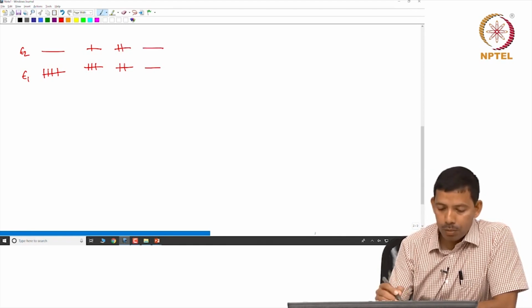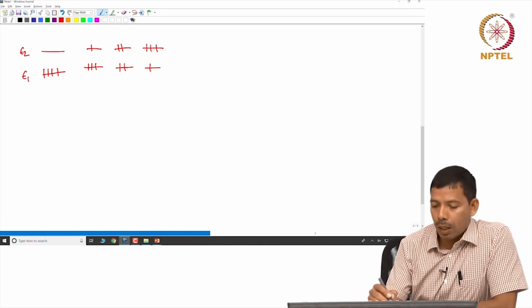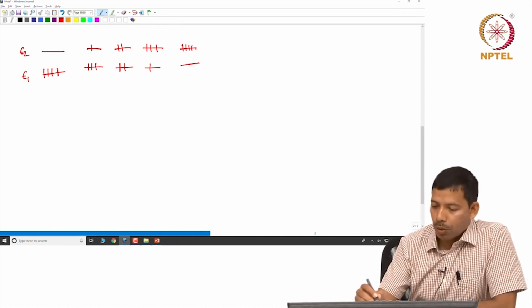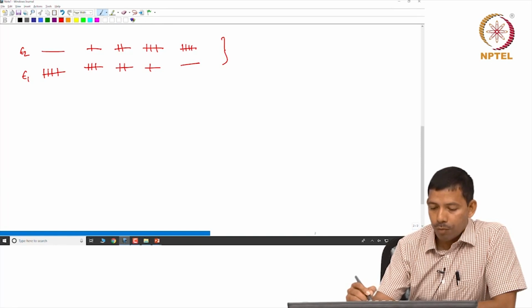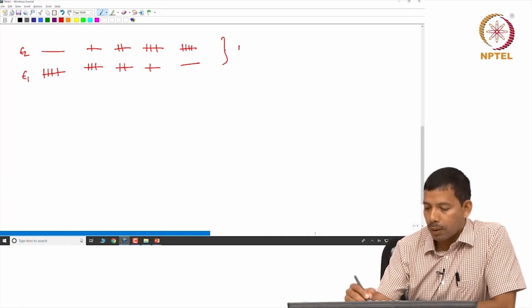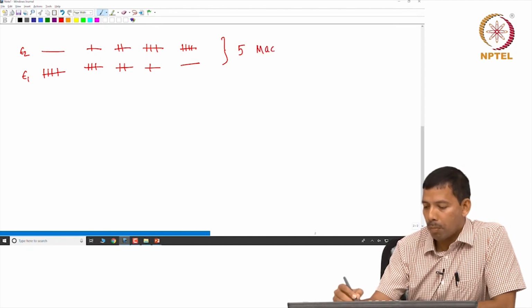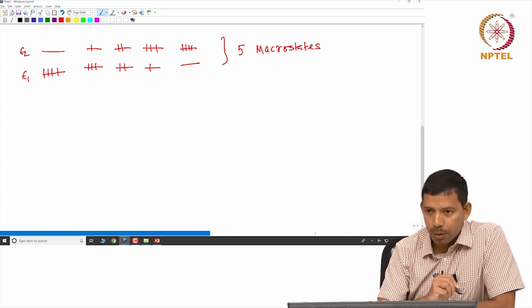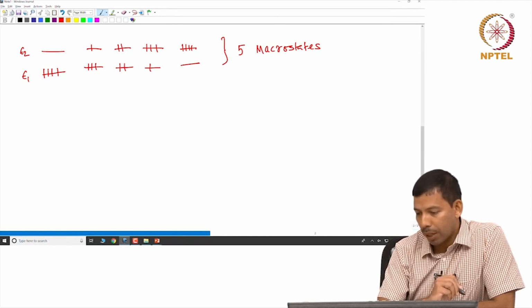I can have another where I put 1 particle here, 3 particles up there, and another putting all 4 particles in the E2 state. So how many distributions did you get? You got 5 such distributions, and these 5 are called the macrostates. So for a 4-particle system with 2 energy states, we can have 5 macrostates.